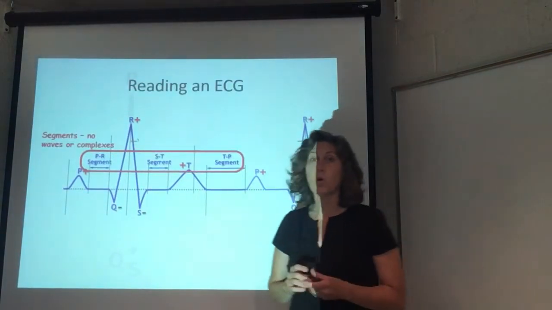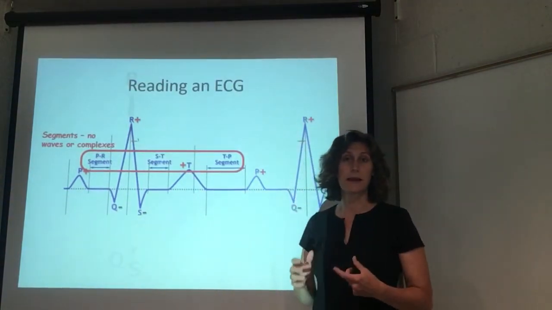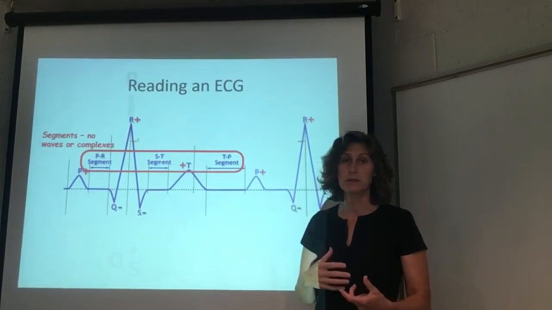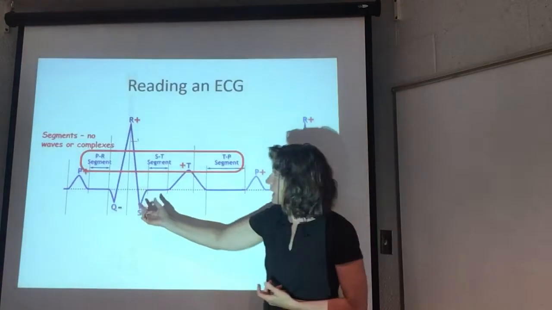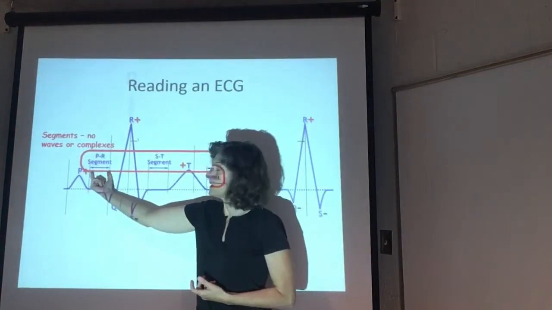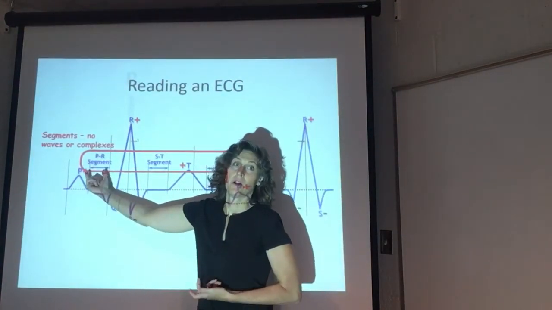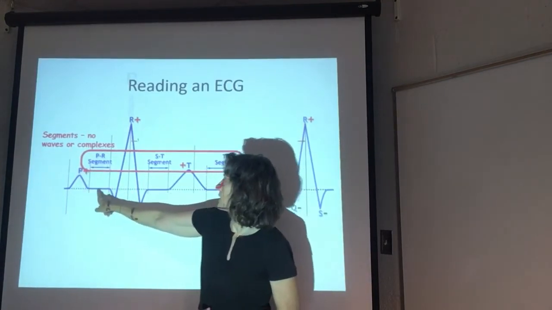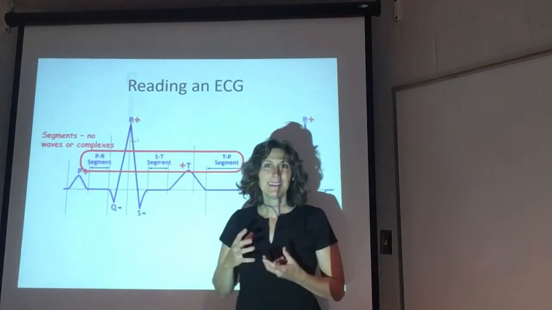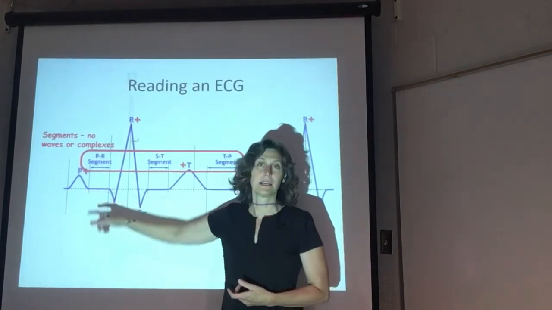Now, the next thing that always trips up my students is the segments and the difference between the segments and what comes next, intervals. Segments are these little pieces of time where there are no waves or complexes happening. So this segment is just this. This is hypothetical, a flat line here.